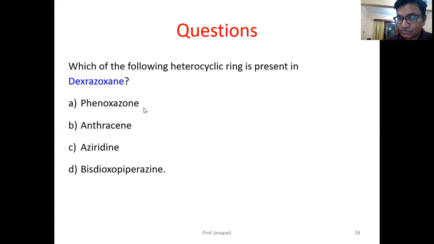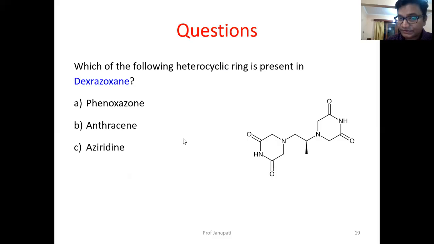There is no phenoxazone, no anthracene structure, no aziridine structure. Phenoxazone is present in actinomycin, anthracene glycoside in doxorubicin, and aziridine in Mitomycin C. So this is the heterocyclic ring.